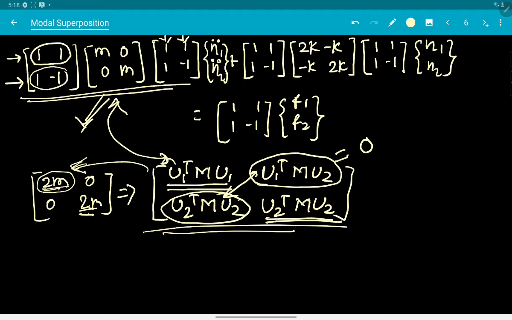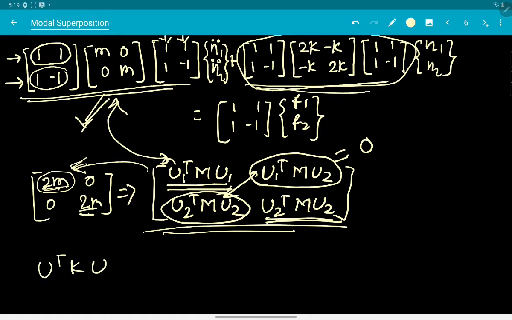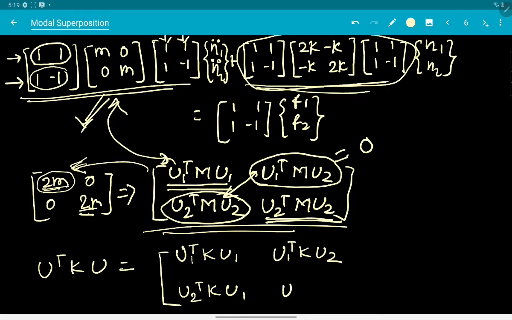Now let's look at what comes here. This matrix is U transpose K U. If you split it, you can write it as U1 transpose K U1, U1 transpose K U2, U2 transpose K U1, and U2 transpose K U2.